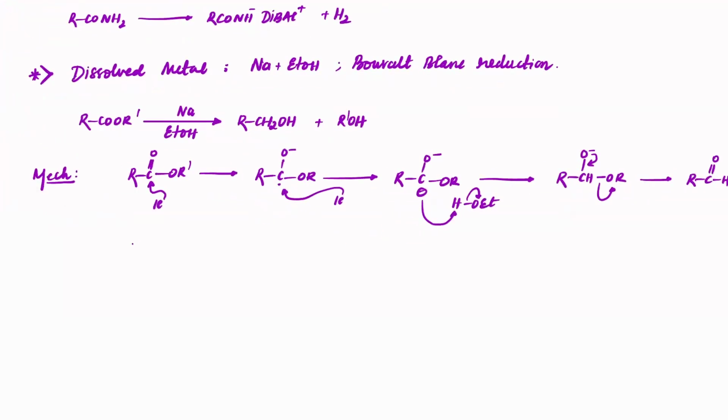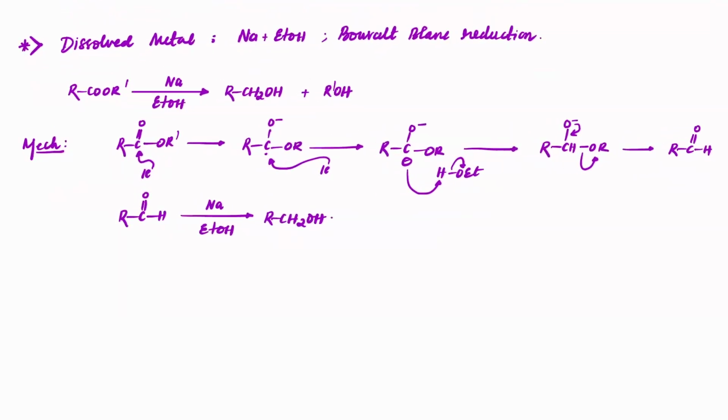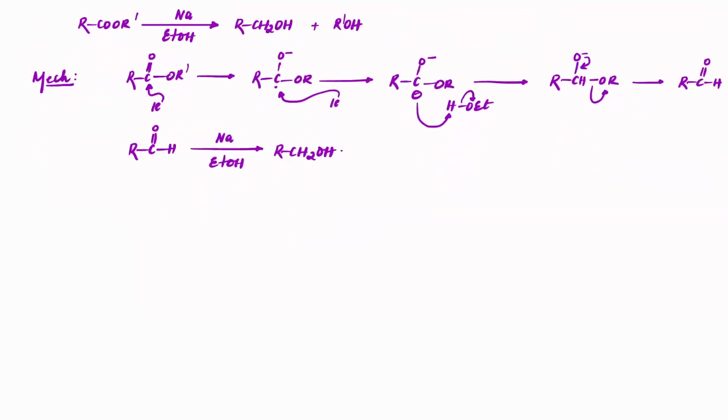And we already learned the aldehyde reactions earlier in the mechanism, that aldehydes in the presence of sodium and ethanol, if you continue, will convert into an alcohol form. So that's why sodium and ethanol, that is Bouveault-Blanc reduction, happens with all the other derivatives as well. Got it?